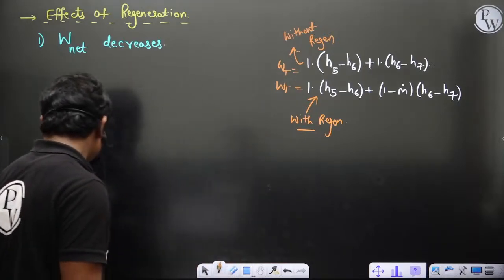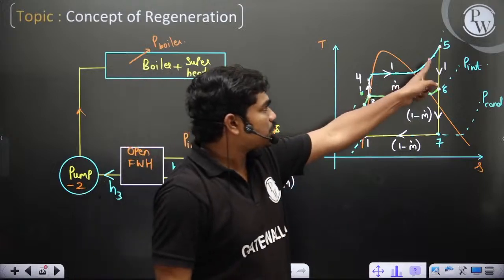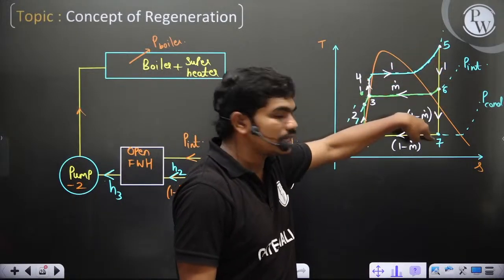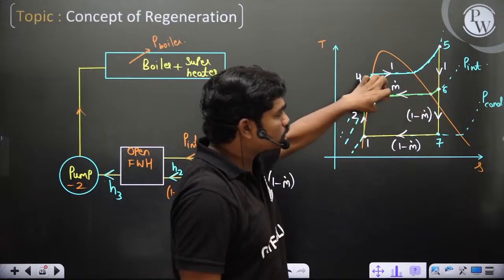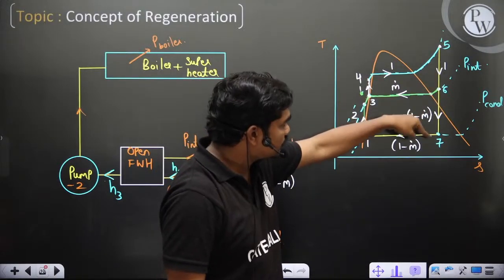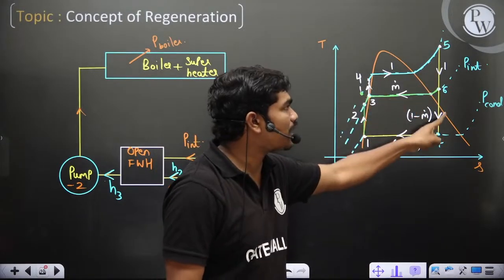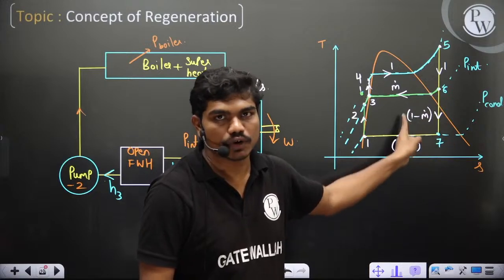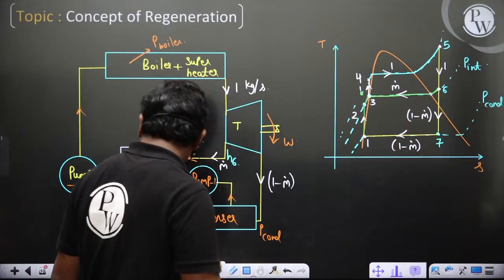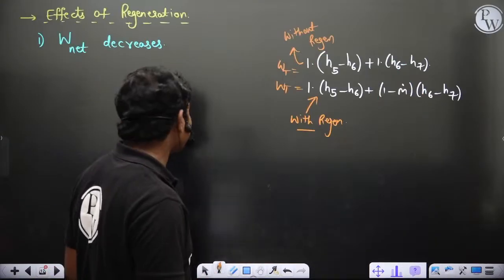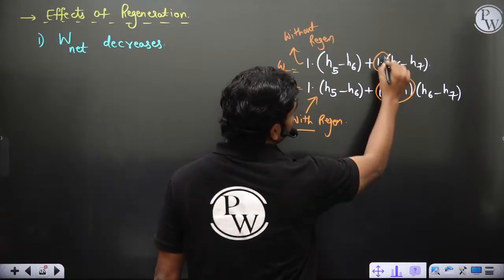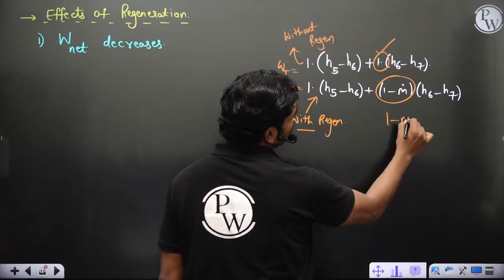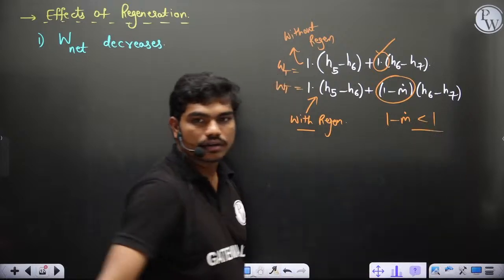Look, guys, if there is no regeneration, I would have expanded the complete steam from H5 to H7 directly, okay. But because of regeneration, I am taking out some mass outside. So for this part of the expansion, you don't have the complete mass available. You have only 1 minus m dot. Understood? So in this analysis, you can see clearly this 1 and 1 minus m dot, clearly this is large, and 1 minus m dot is definitely less than 1.